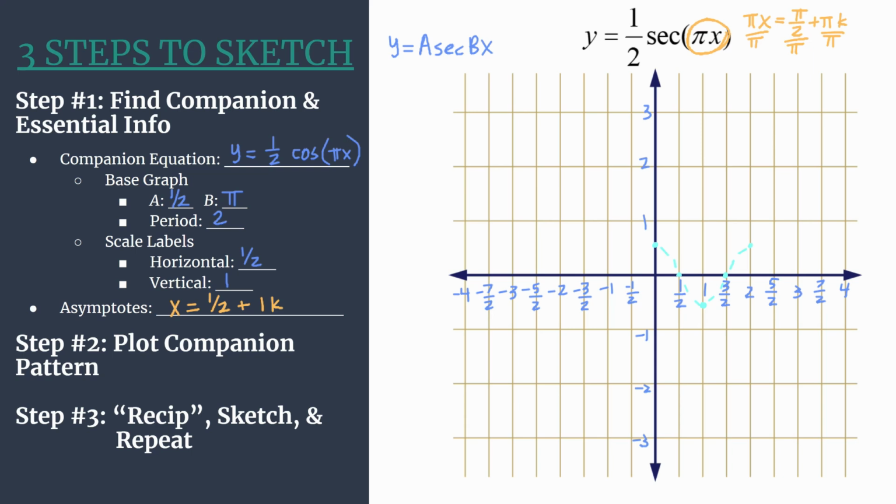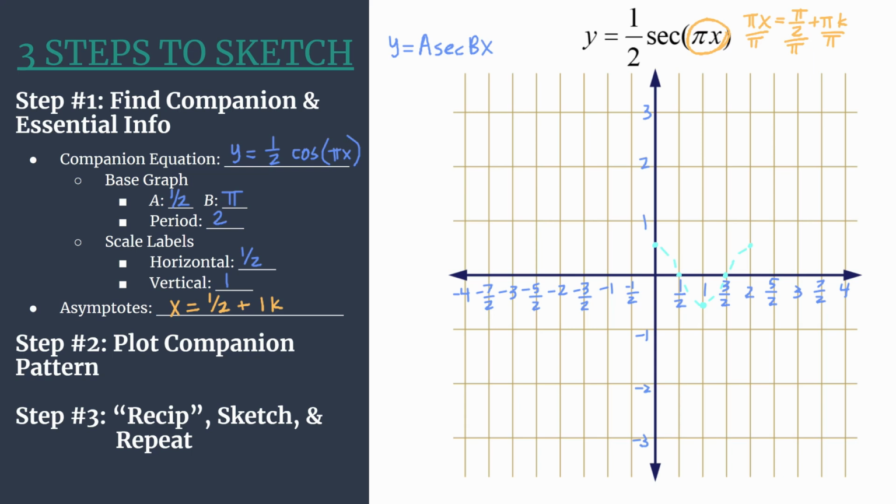We know that the maximums of our companion pattern, the maximums of cosine, will turn into local minimums for our secant curves. The minimum of our companion cosine equation will become a local or relative maximum of our secant curves. And then the x-intercepts change into vertical asymptotes.